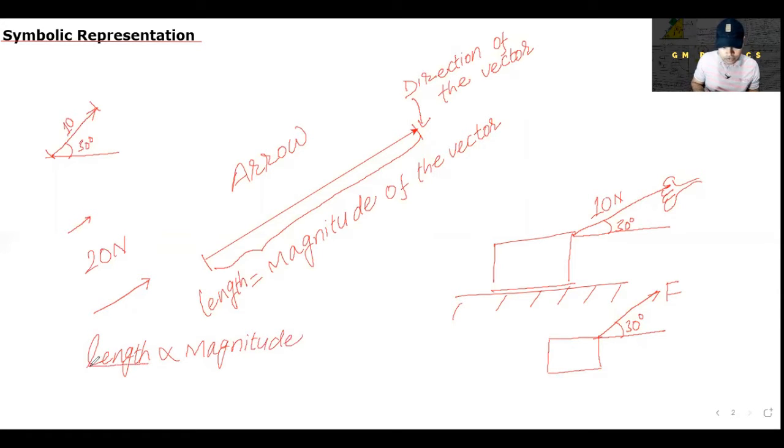The length of the arrow is directly proportional to the magnitude of the vector, and the orientation of the arrow is along the direction of the vector.